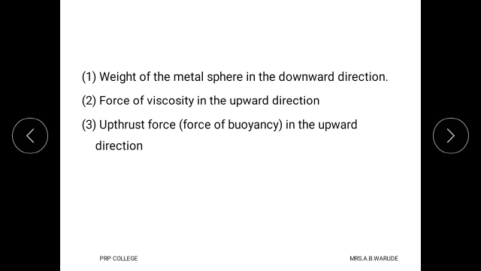When the metal sphere goes in the downward direction, there is a downward force, and it equals the weight of the metal sphere. Second is the force of viscosity in the upward direction, and third is the upthrust force, also known as the force of buoyancy, in the upward direction.